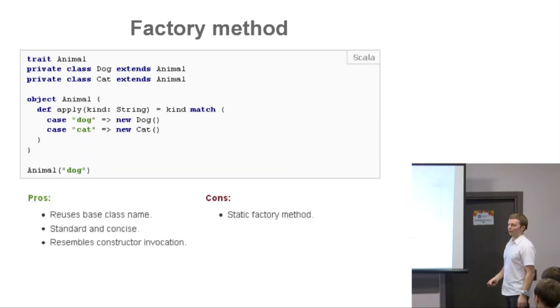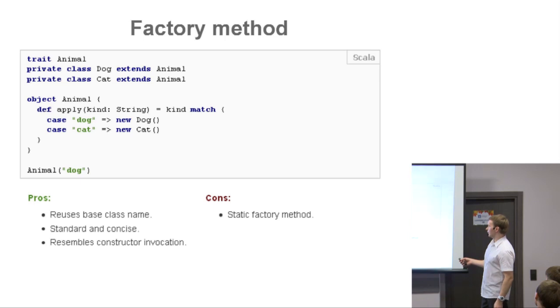Here's a Scala example that uses a special syntax to declare factory method. And the difference is that Scala provides a special syntax for factory methods. Here we have object animal that is a singleton instance of a companion object, as it is called in Scala.